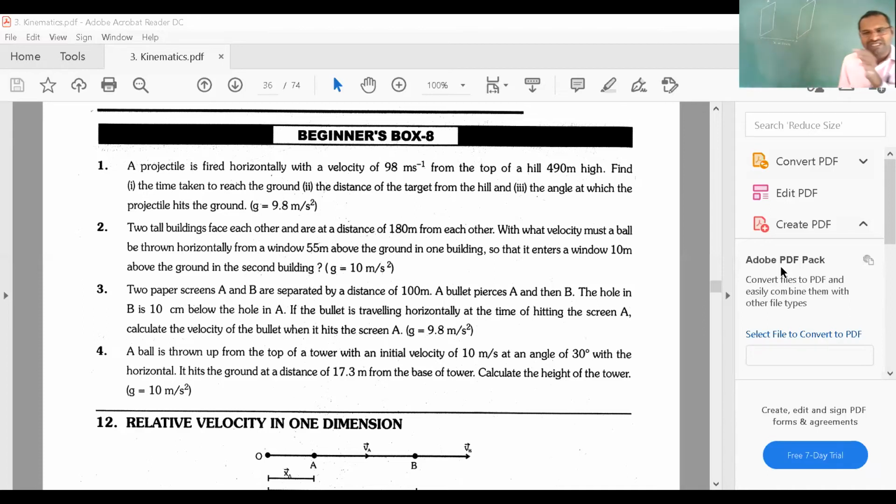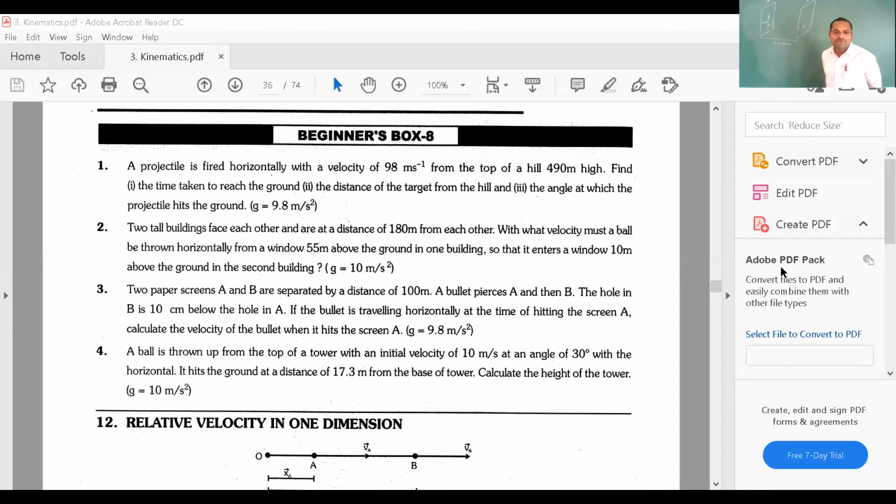Now, a hole in B is 10 centimeters below the hole in A. There is a hole in A and there is a hole in B. The separation between these two holes in A and B is 10 centimeters. That's it. Means the vertical distance that the bullet has to travel between these two holes is 10 centimeters. Remember, the unit is centimeters, it is not meters.